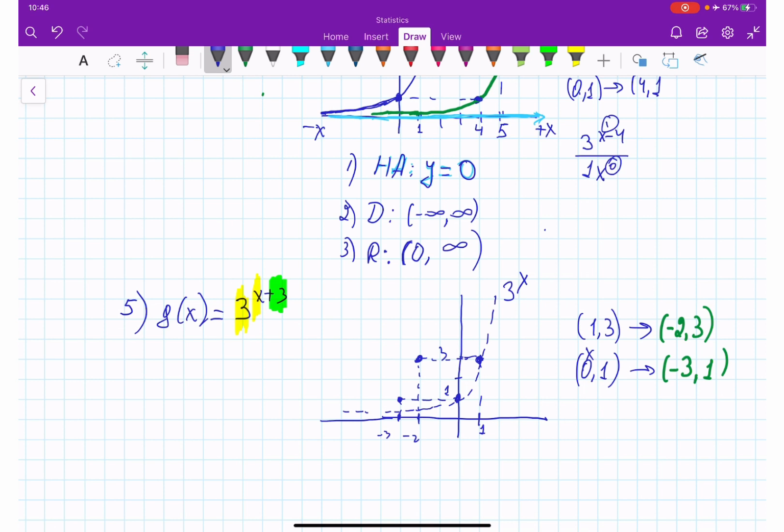Which means the graph is going to run like this and keep going parallel to your 1. Well, this one is going to go parallel.